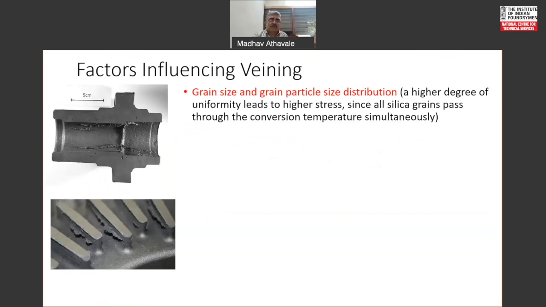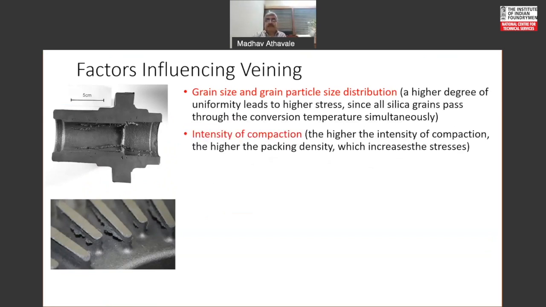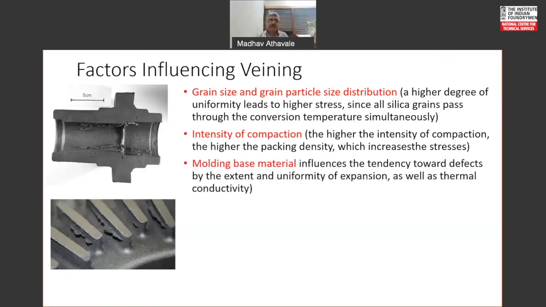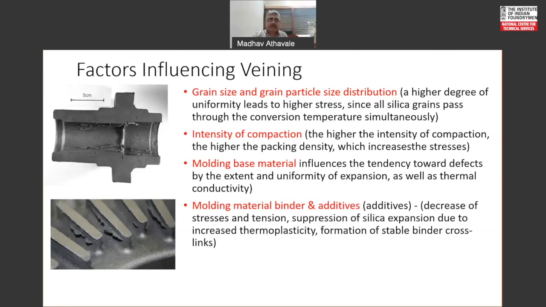So what are the factors that influence veining? It is grain size and grain particle distribution. Then intensity of compaction: the higher the intensity, the more it increases the stresses. The base material, is it silica or what is the expansion nature, thermal conductivity of the molding medium?